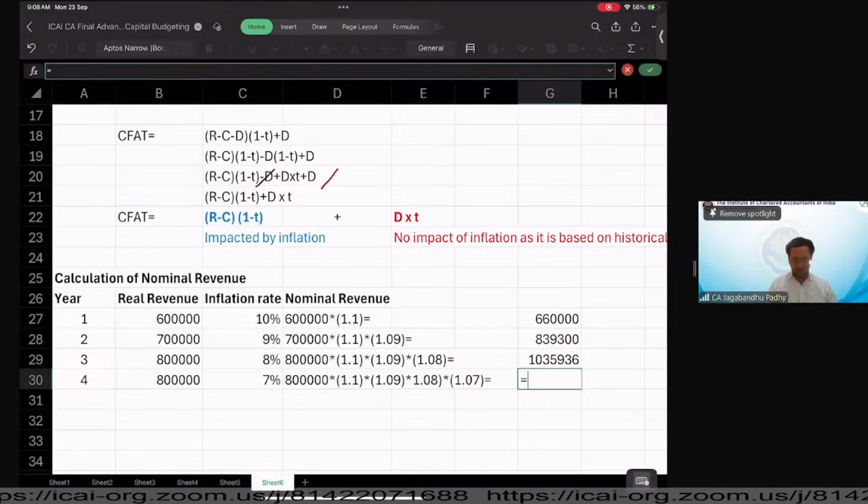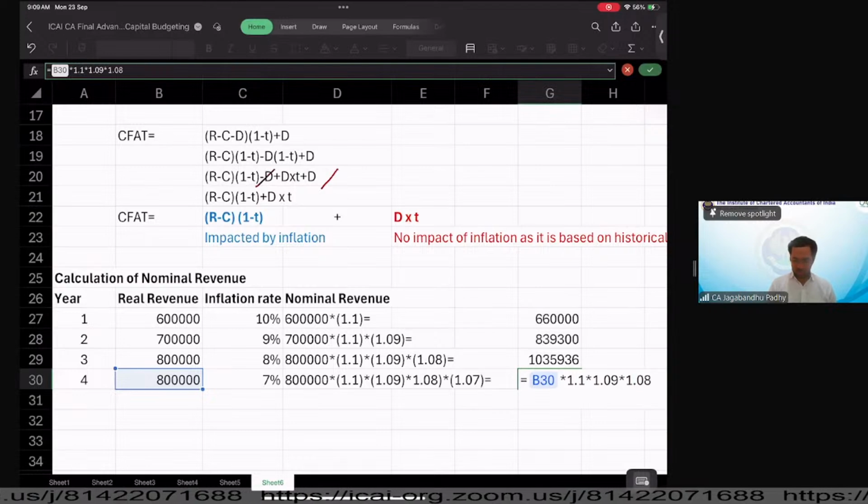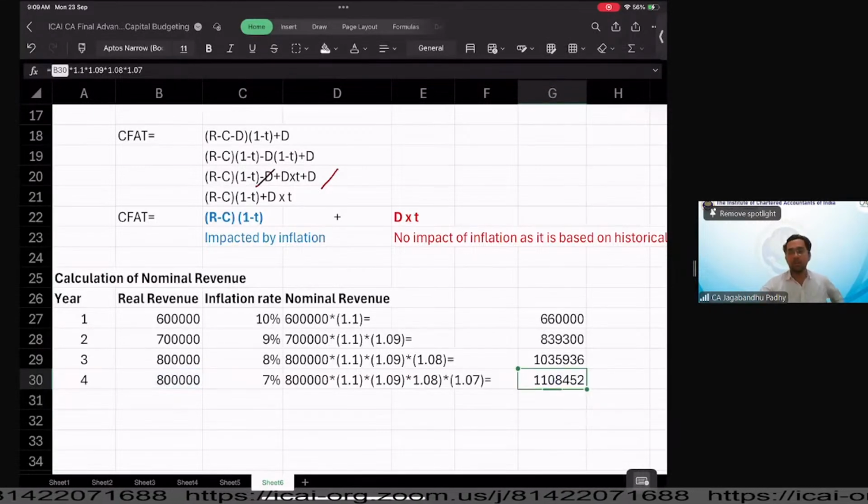So that will be 8 lakh into 1.1 into 1.09 into 1.08 and into 1.07. These are the nominal revenues, or inflation adjusted revenues, that we are computing.